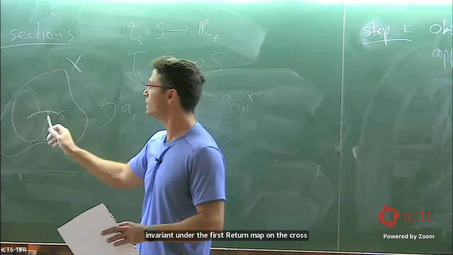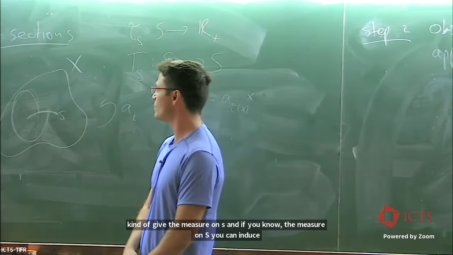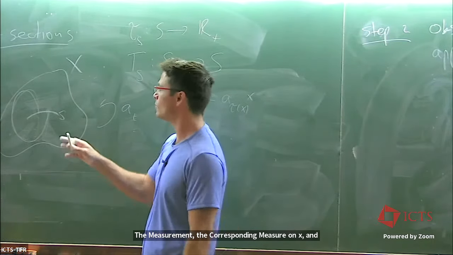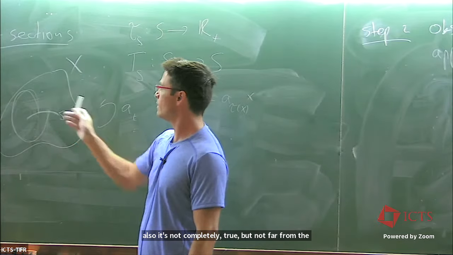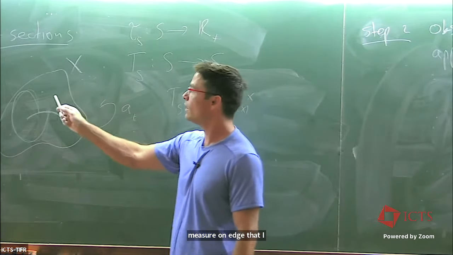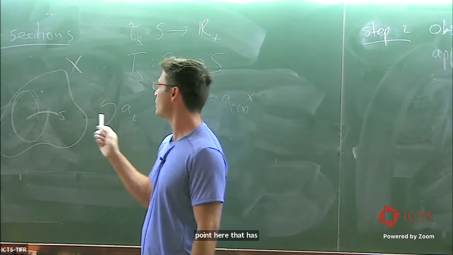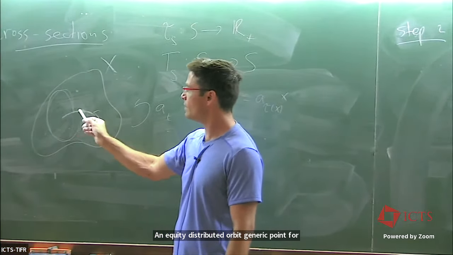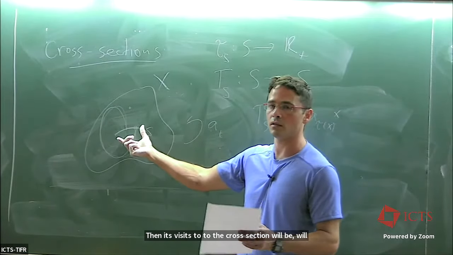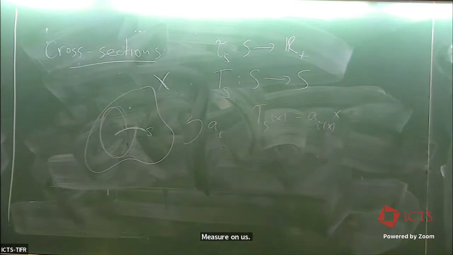If you know the measure on X, you can give the measure on S, and if you know the measure on S, you can induce the corresponding measure on X. And also, it's not completely true, but not far from the truth, that if the a_t invariant measure on X that I consider is ergodic, and I start with a point that has an equidistributed orbit, or a generic point for a_t on the full space, then its visits to the cross section will equidistribute with respect to the conditional measure on S. And this is basically what we are doing here.